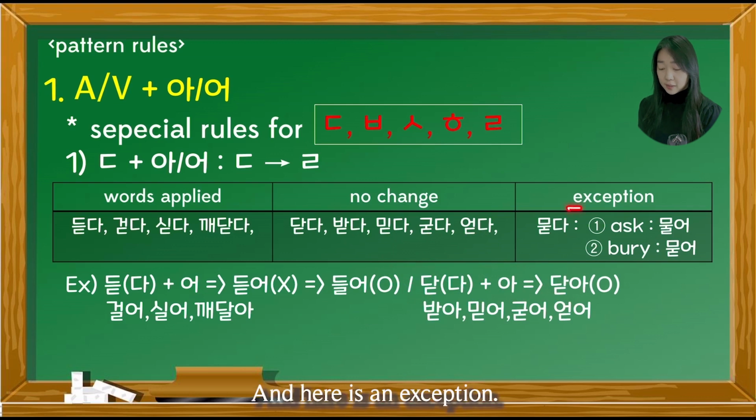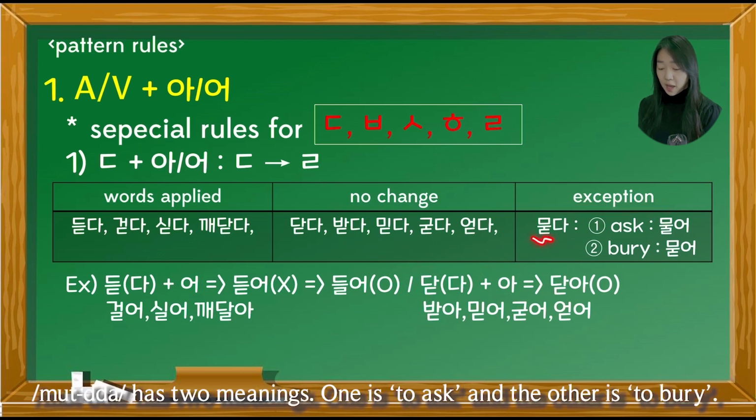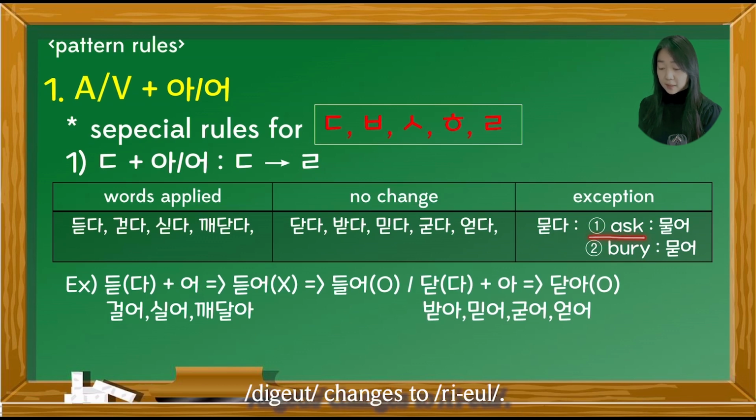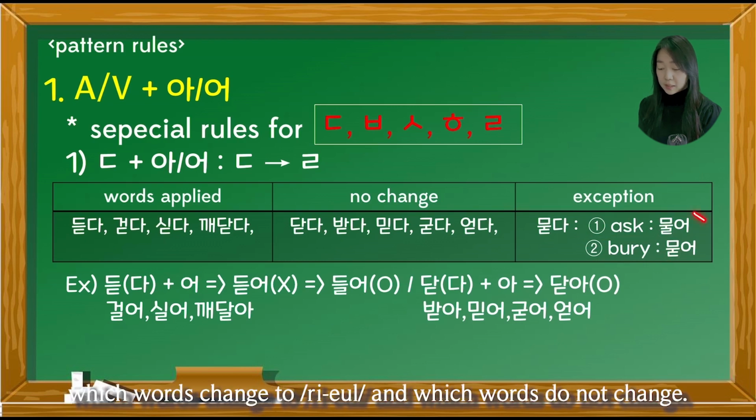And there is an exception. 묻다 has two meanings. One is to ask, and the other one is to bury. When the word is used with the meaning of to ask, 디귿 changes to 리을. But when with the meaning of to bury, the form doesn't change. It's up to the learner to memorize which words change to 리을 and which words do not change.